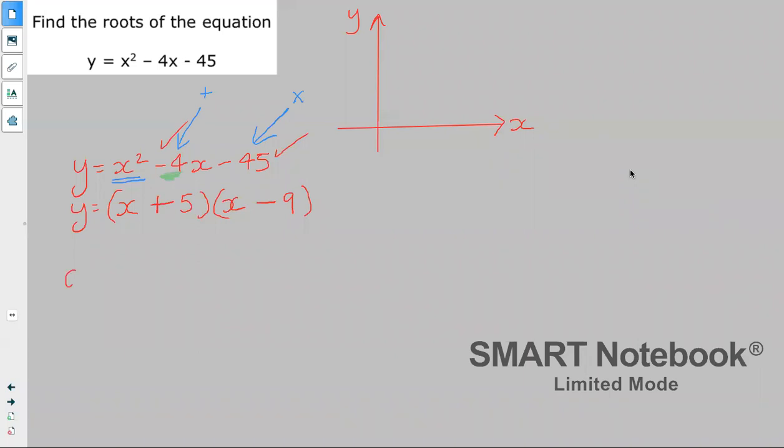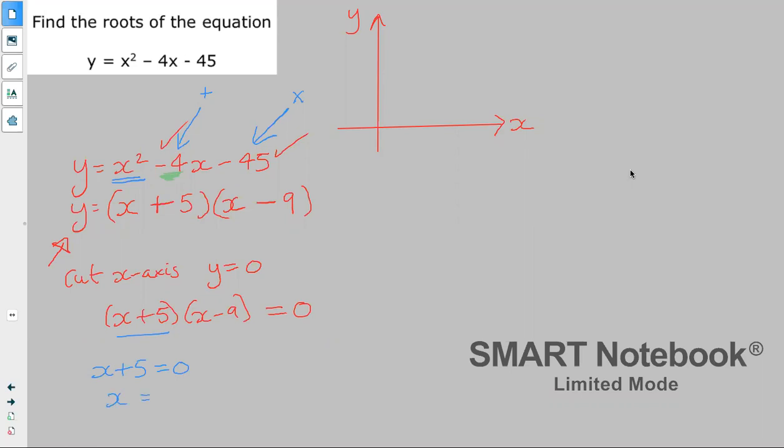And it cuts the x-axis when y is equal to 0. So here, where that y appears, you're replacing that with 0. So I can write each of the brackets and make them equal to 0, and then take each bracket separately. So x plus 5 equals 0, and then solve that.